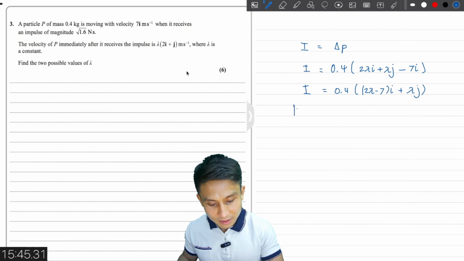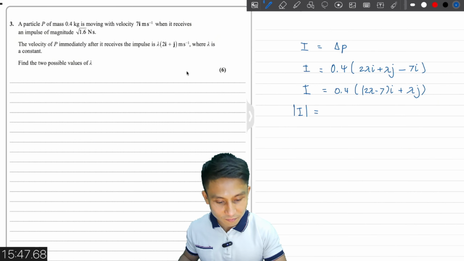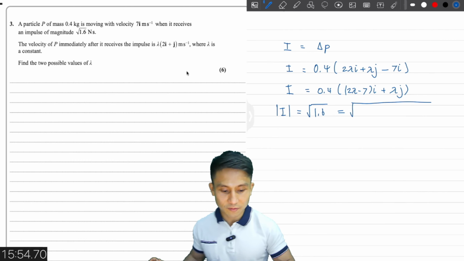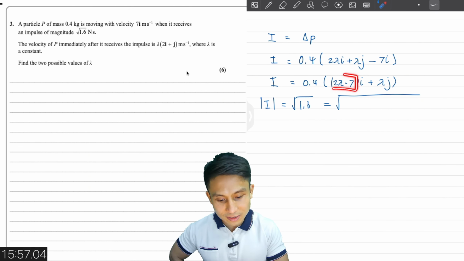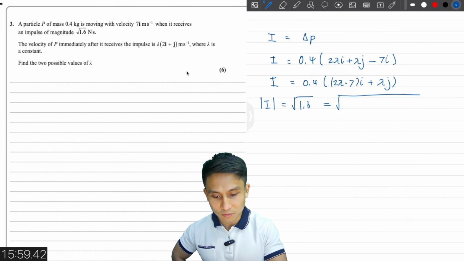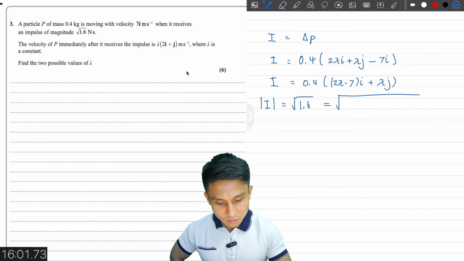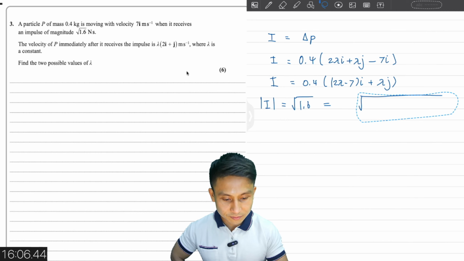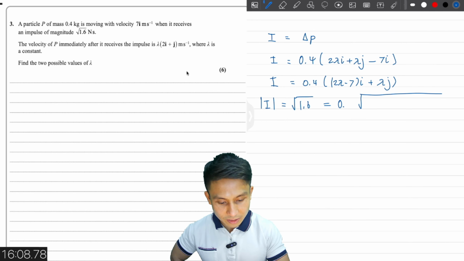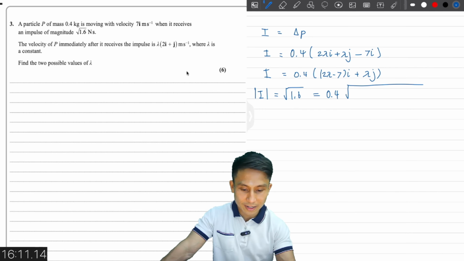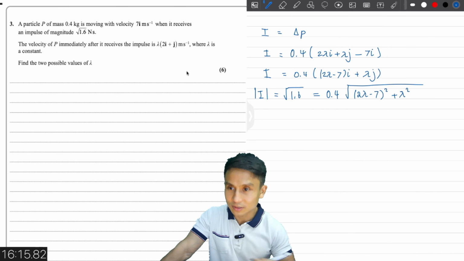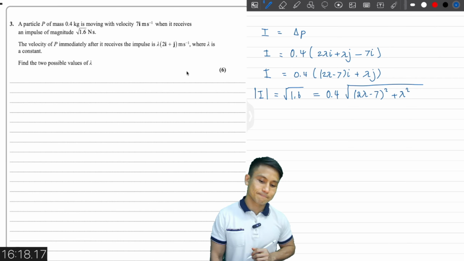So if we find the magnitude of that vector, we equate that to square root 1.6. You can take the 0.4 out, and this will be square root of (2 lambda minus 7) squared plus lambda squared, just like that.